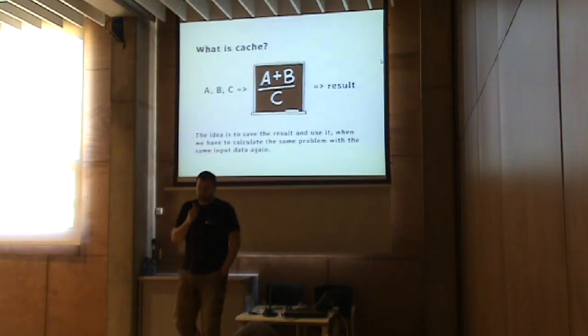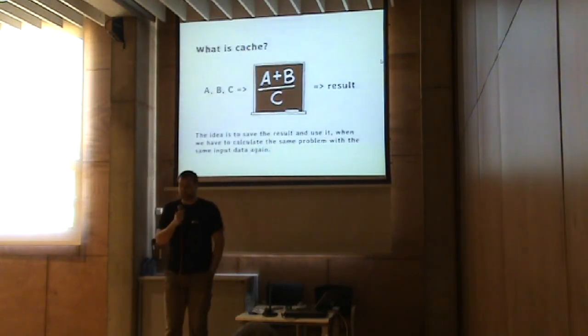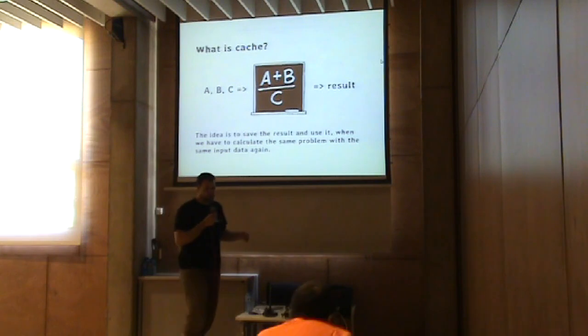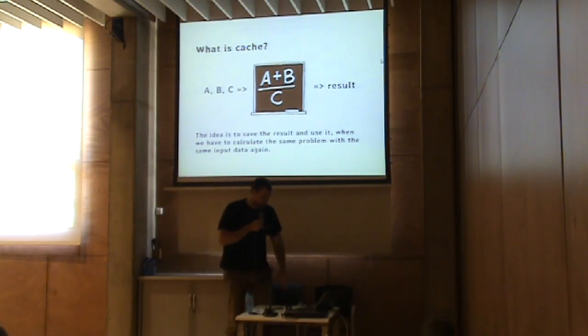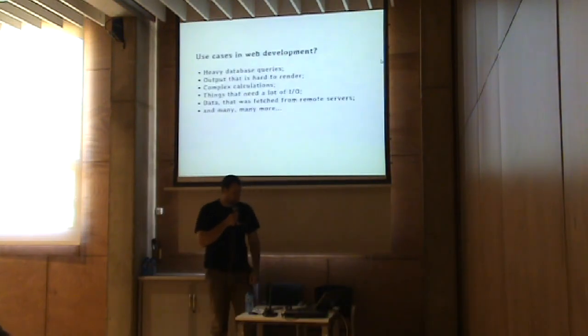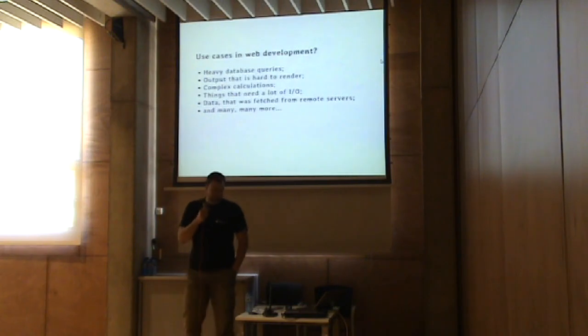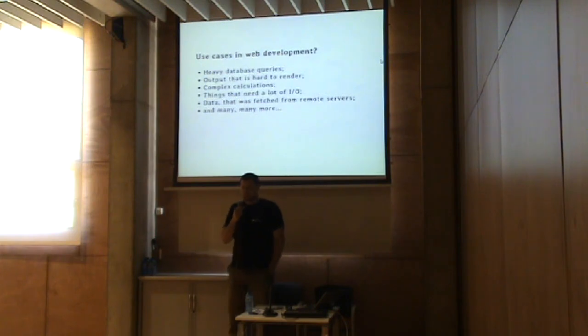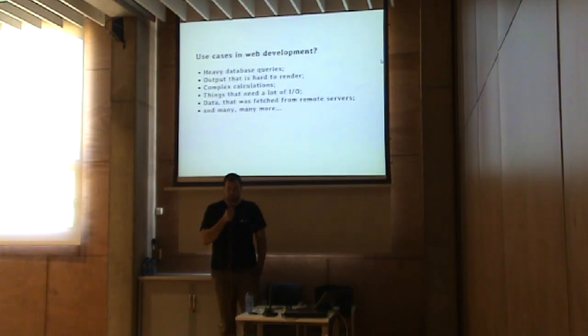First, some basics about cache. What is cache? You probably all know what cache is, right? If you calculate something, the idea is that you store the result and reuse it the next time. Use cases in web development are many. You can cache things that you have to calculate a lot.